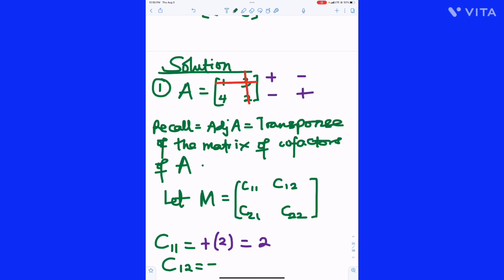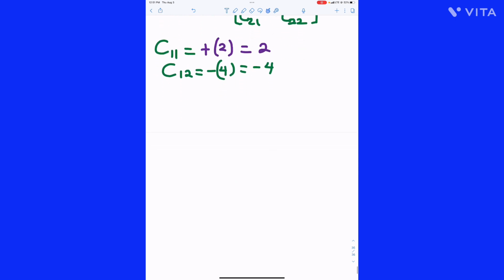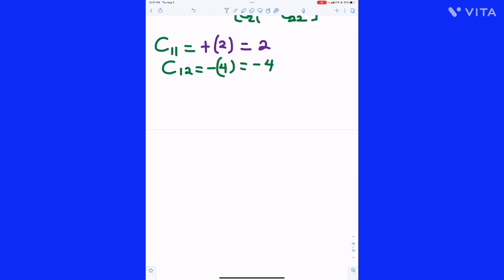Let's go ahead and find the cofactor of 4. 4 is in the second row, first column, so its cofactor should be given a negative sign.